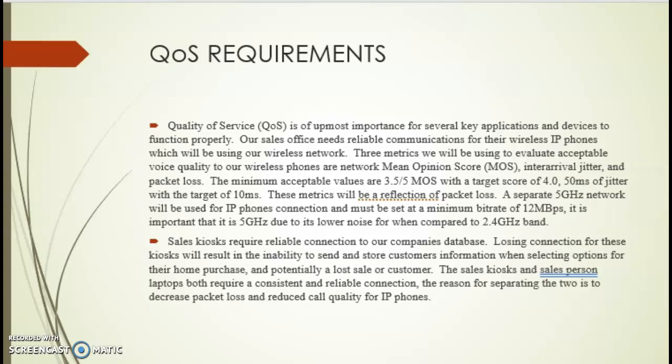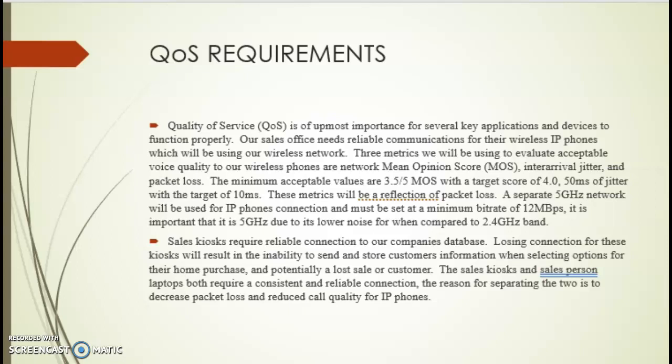A separate 5 GHz network will be used for IP phones connection and must be set at a minimum bit rate of 12 megabits per second. It's important that it is 5 GHz specifically for the IP wireless phones due to its lower noise floor when compared to the 2.4 GHz band.